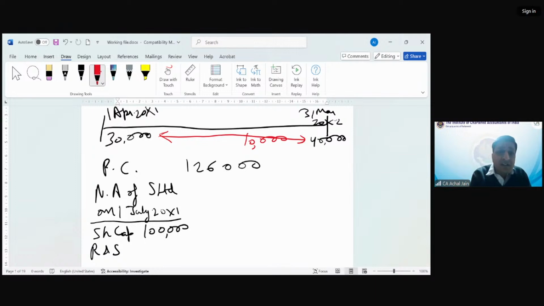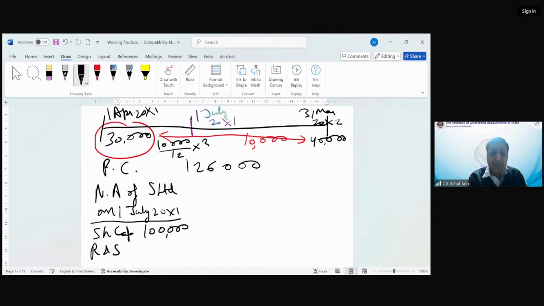We have the reserve on the opening date. To this reserve, we add the proportionate profits up to 1st July X1. So can we calculate the reserves balance using this approach? The answer is yes. So you should say that 10,000 are the profits earned for the full year.